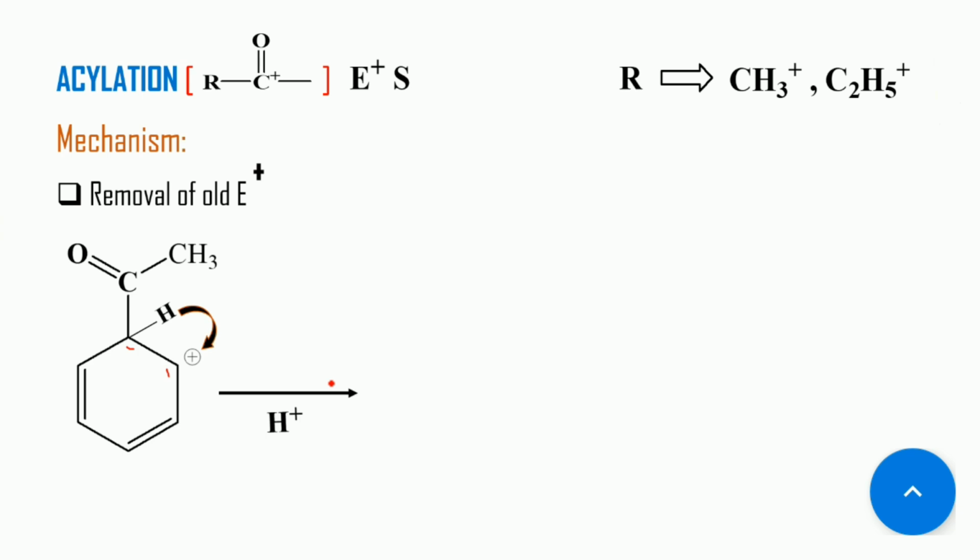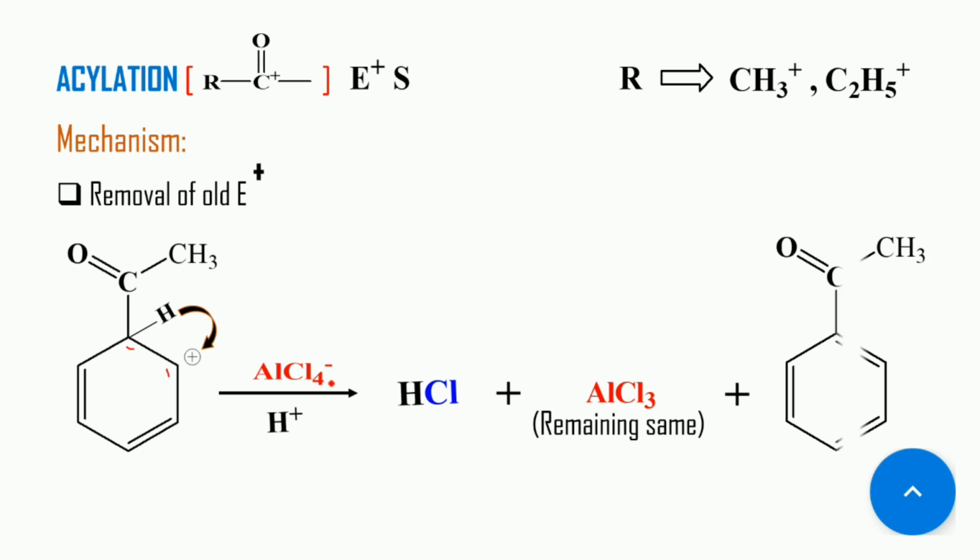Now this nucleophile is satisfied by the AlCl₄ complex, which will donate its extra electron to this hydrogen atom that is already present in our solution. Now finally we get HCl, that is hydrochloric acid, and AlCl₃ as it is because it's a catalyst, and finally our desired product, that is this one. So it's a 1-phenyl ethanol.